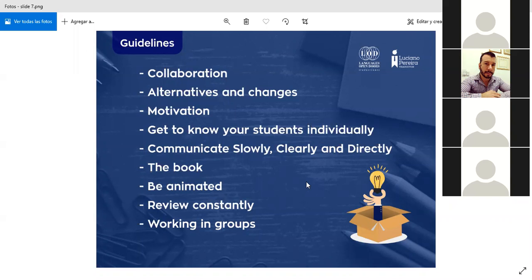When I say be animated, it means that you as a teacher have to bring a good energy to your class, good vibes. This will motivate your students in their learning process. It's like you enjoy what you are doing.